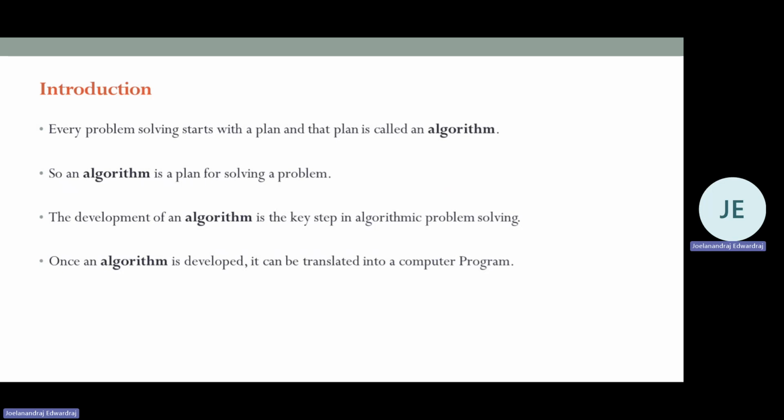Okay. So once you understand your problem clearly, the next step is solving the problem, right? Solving the problem always starts with a plan. That plan we always call an algorithm. So an algorithm is just a plan to solve the problem. And developing an algorithm is a very vital step in problem solving.